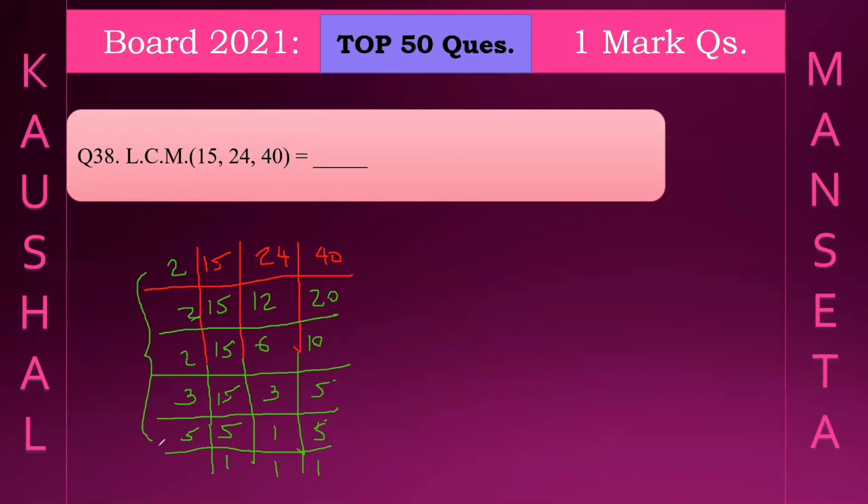So it gives the LCM of 15, 24, and 40. 2 twos are 4, 4 twos are 8, and 8 into 15, because 3 fives are 15. So it gives 120. So the answer is 120.